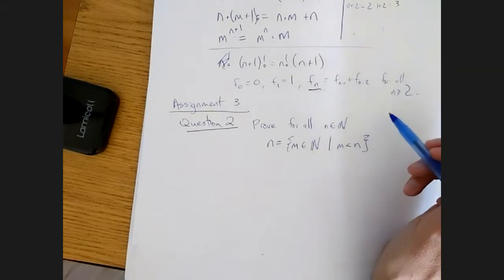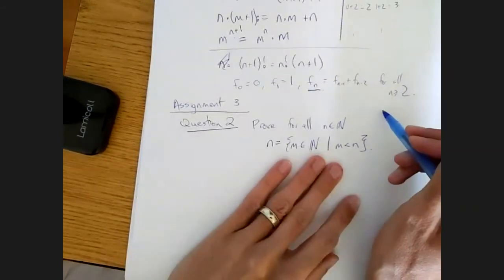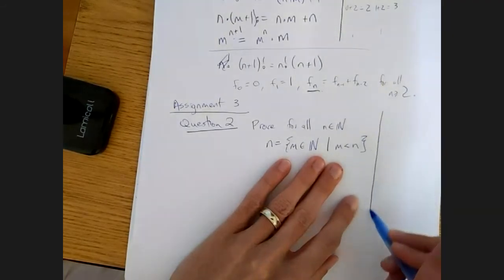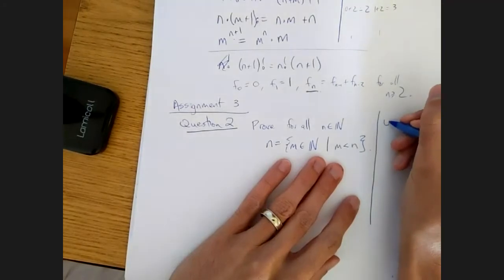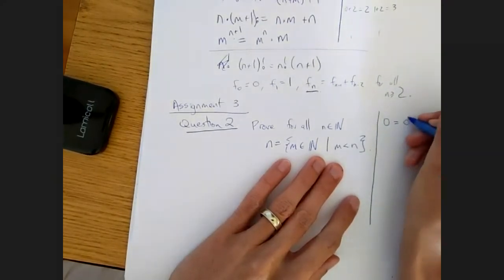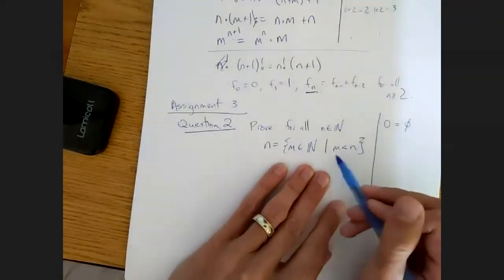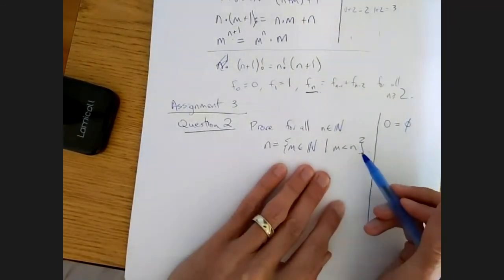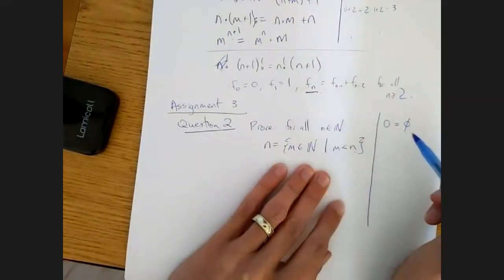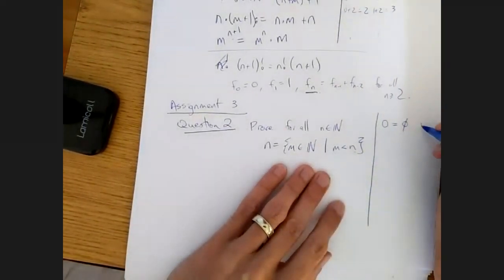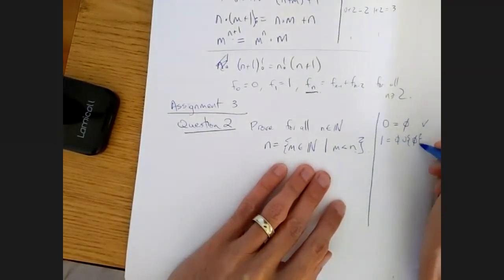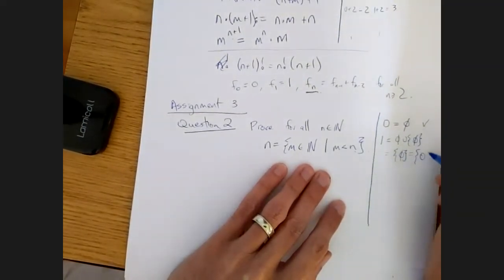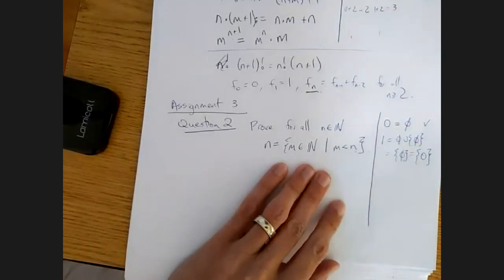Now, it seems to be true if you look at the first few natural numbers. The natural number 0 is just the empty set, and there are no natural numbers less than 0. So the empty set and 0 are equal. 1 is just the empty set union the singleton of the empty set, which is just the singleton of the empty set, the set containing the number 0 only.